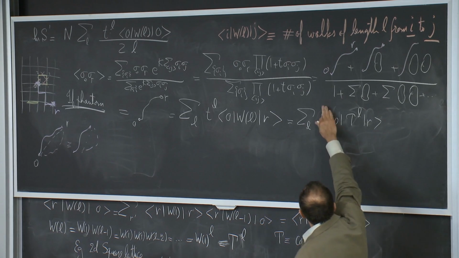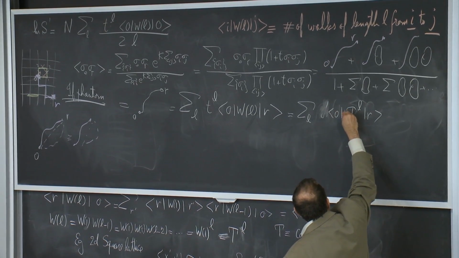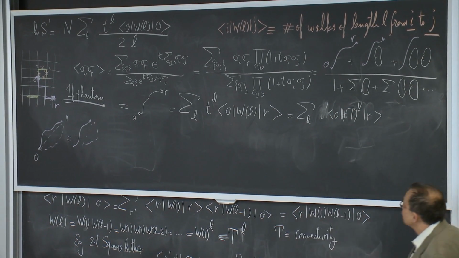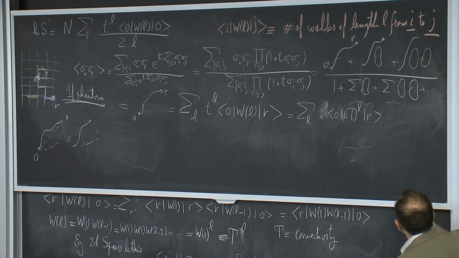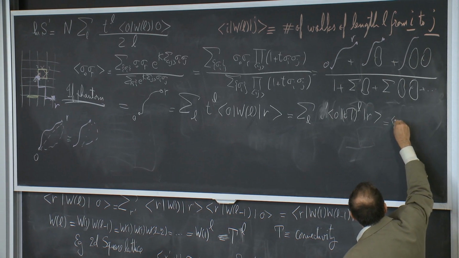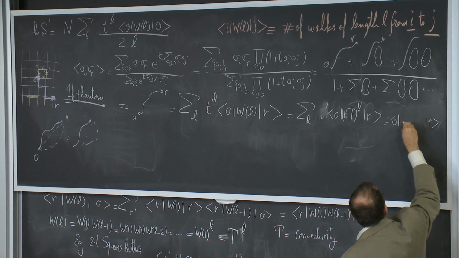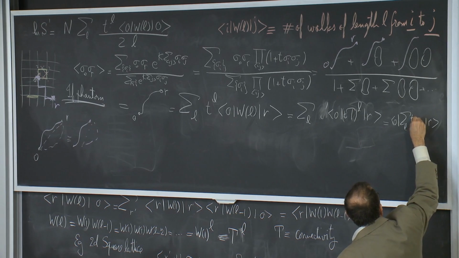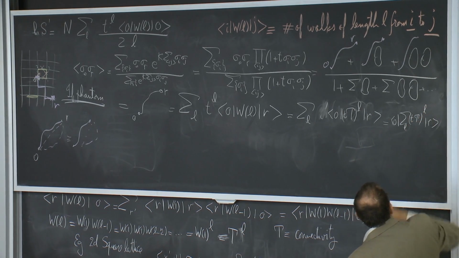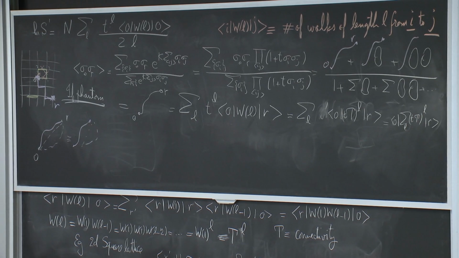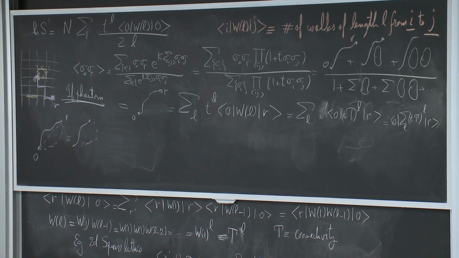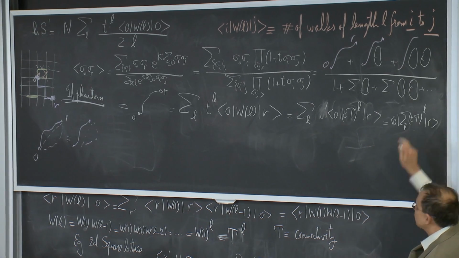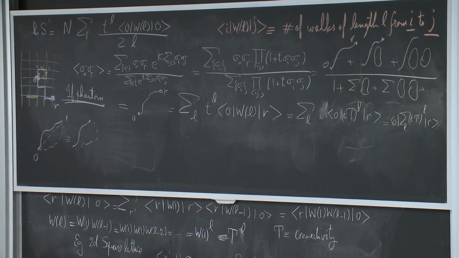Now this small t, I can take inside here and do it like this. And if I want, I can write this as the 0 rth component of a sum over L of t T raised to the power of L. So it's a new matrix, which is essentially sum over L of small t times this connectivity matrix to the L power.